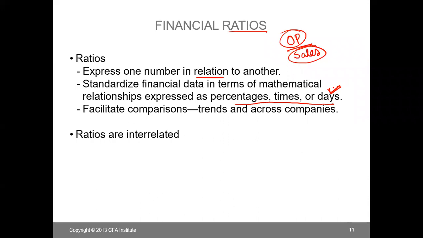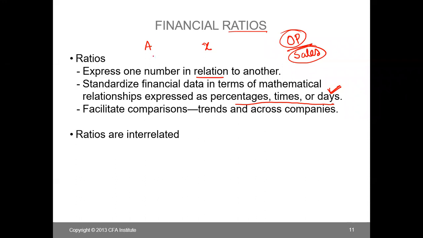And when you have the ratio, it is possible to make a comparison. If you would like to compare Apple with Xiaomi, Apple is a much bigger company, and Xiaomi is relatively smaller compared to Apple.